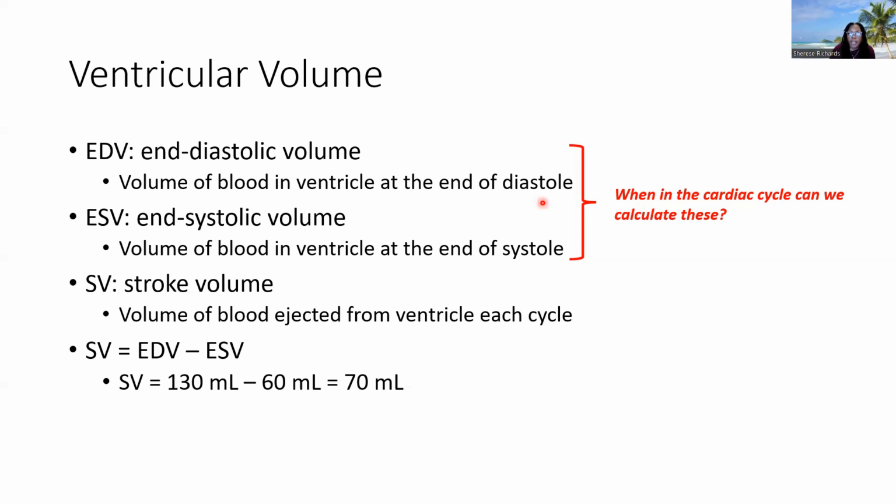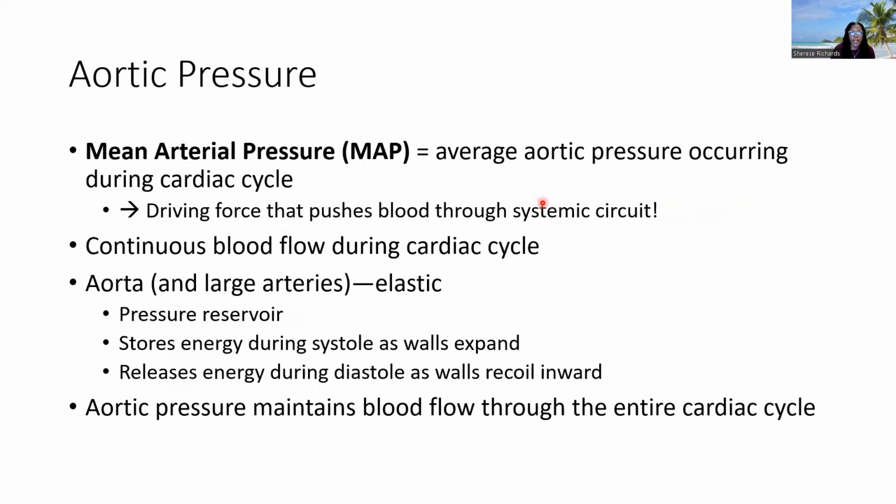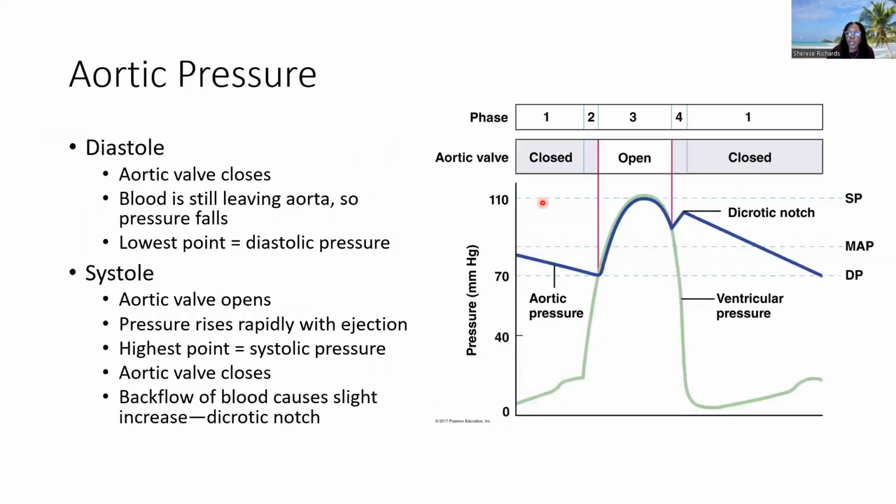And if we think about it, we can record our end diastolic volume. I'm going to go back here just to illustrate this. We can record our end diastolic volume at the end of diastole. So that is at the end of phase one, right? At the end of phase one, we're going to have the maximum amount of blood filled in the ventricle, and then the AV valves close.